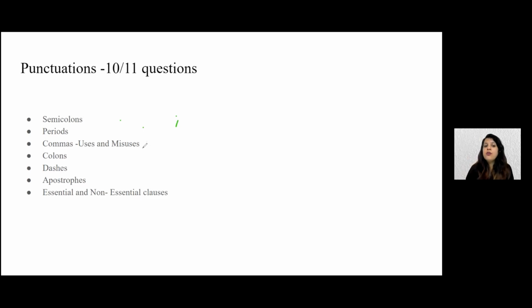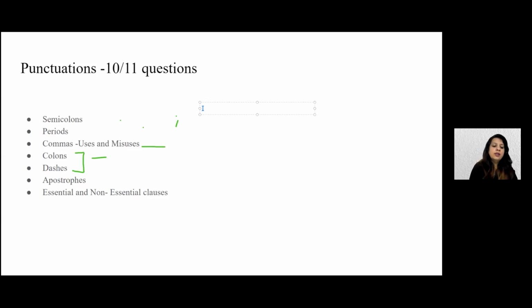Then there would be a lot of questions on comma uses and misuses, right? Now, these are 2 unfamiliar punctuations for you because this is actually not taught really well at school. When I say colons, colons are for lists, right? Let me write an example and then let us see how many of you get this question correct.